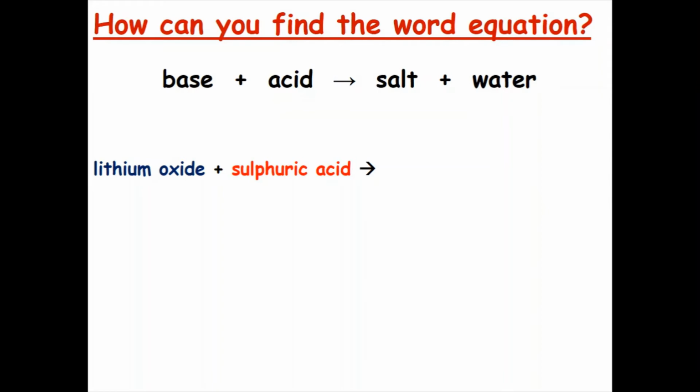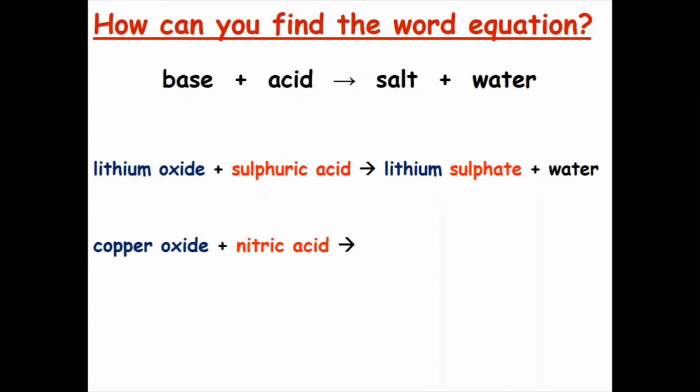Again, the name of the salt starts with the metal in the base, which in this case is lithium, and the second name comes from the acid. Sulfuric acid forms sulfates, so we have the salt lithium sulfate. To finish the word equation, we just now have to add plus water, and this is the word equation for this reaction.